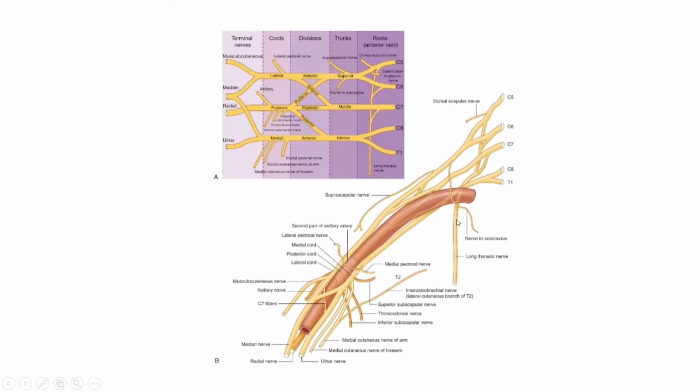So the supraclavicular part gives branches. For example, the long thoracic nerve is a very important nerve that takes fibers from C5 and C6 and comes downward on the lateral part of the thorax, approximately in the mid-axillary line, and supplies the serratus anterior muscle.